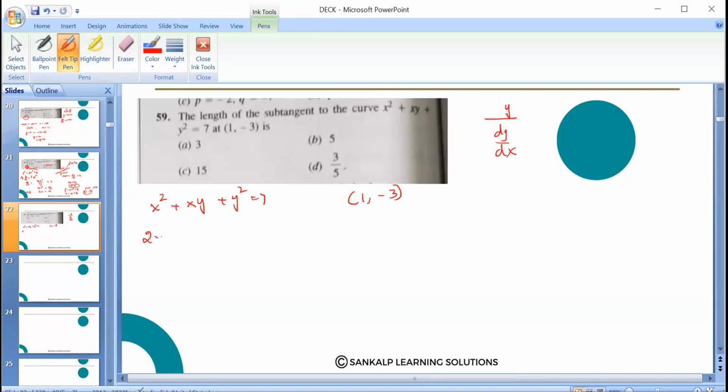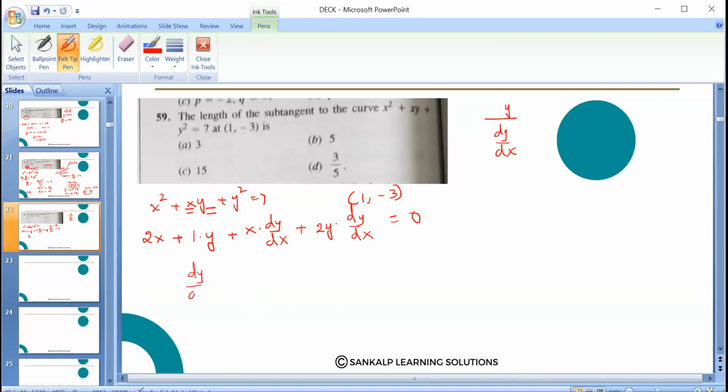So the derivative of x square is 2x. For xy you use the product rule: derivative of x is 1, y same; x into derivative of y is dy by dx. Derivative of y square is 2y into dy by dx, and derivative of 7 is 0.